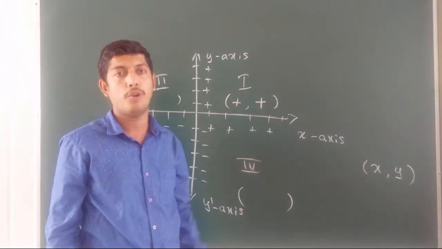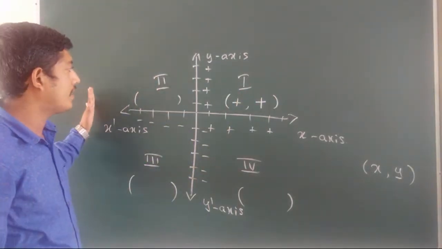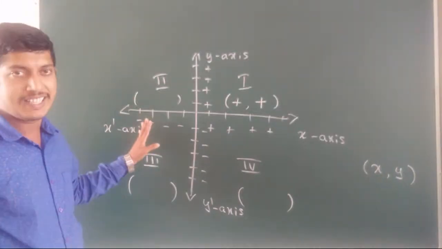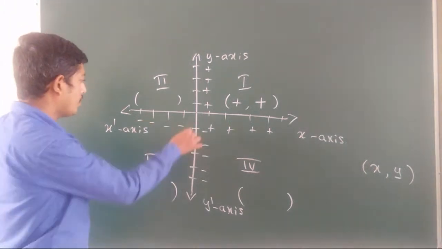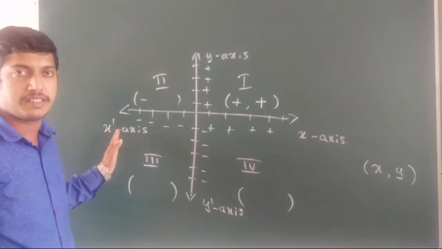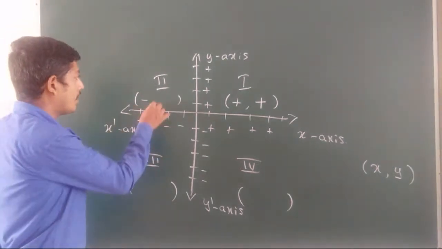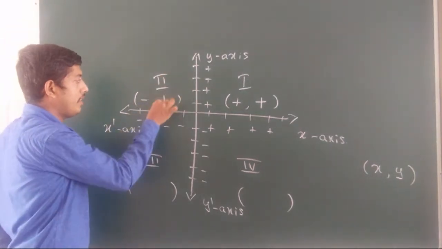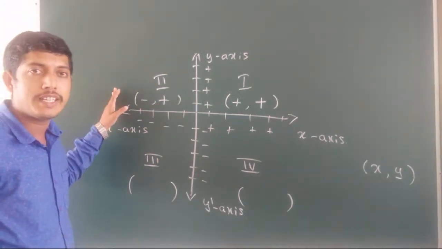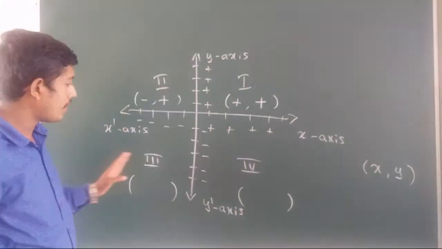And when we consider the second quadrant, the first term we represent is the x axis only. So here x is negative. That's why we consider the x dash axis. Then comma, then the y axis again positive. So in the second quadrant the x value is negative and the y value is positive.